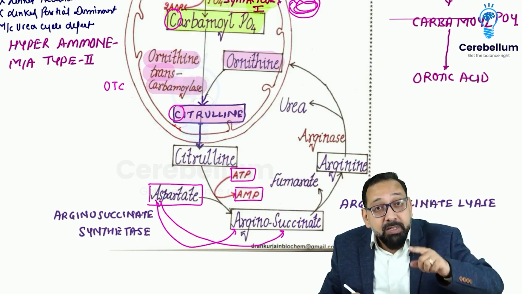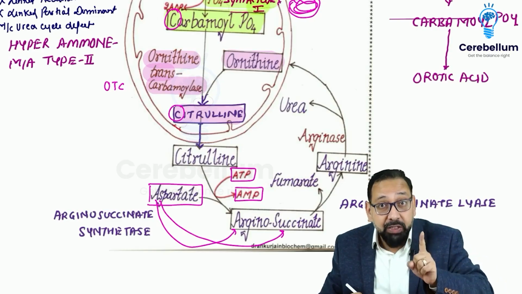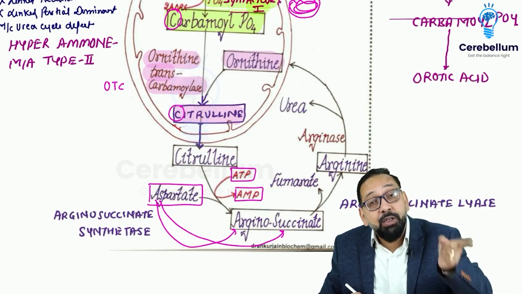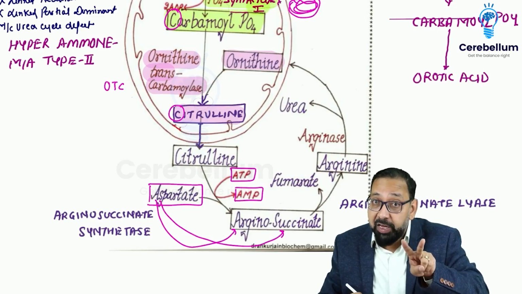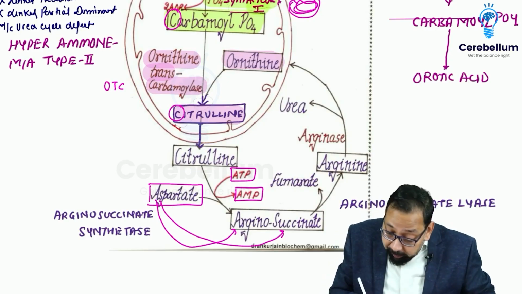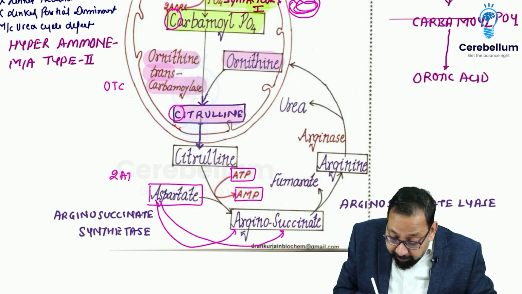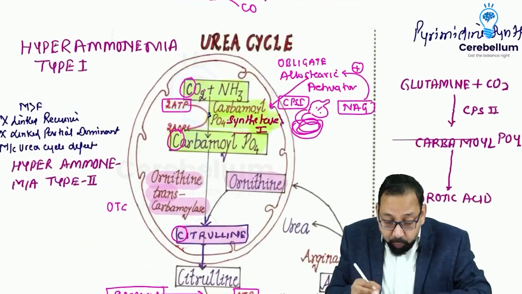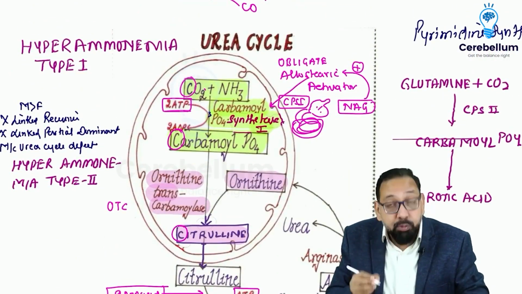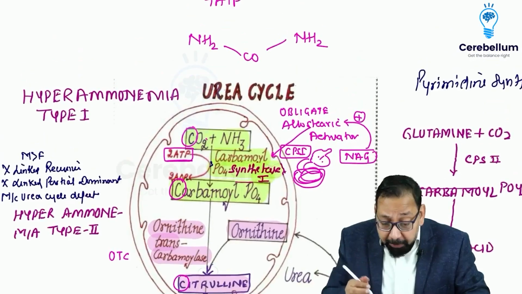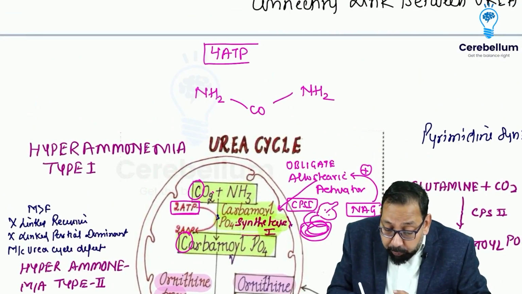ATP converted to ADP uses 1 high energy phosphate; ATP converted to AMP uses 2 high energy phosphates. So I can say in this step 2 ATP are used, and 2 ATP were used at the earlier step. So net utilization of ATP is 4 ATP.